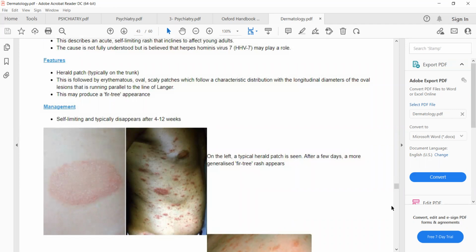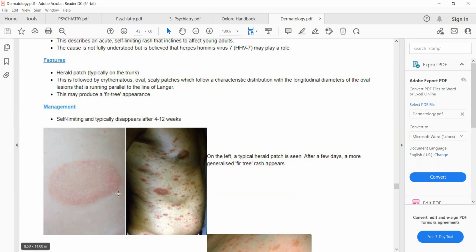In guttate psoriasis, we know that there were teardrop lesions after a history of sore throat, while in Pityriasis Rosea, you can see that the lesions are small, like the lesions of guttate psoriasis, but you can see this bigger lesion. This is known as the herald patch.